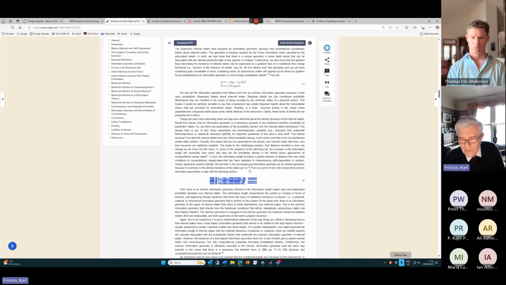But because that neural activity can always be described as effectively engaged in a Bayesian mechanics or as self-evidencing or active inference, each state of the brain, or each path in terms of the neuronal dynamics, is associated with a probability distribution or density over everything else, over states of affairs, and that's the extrinsic and interesting information geometry where this applies.